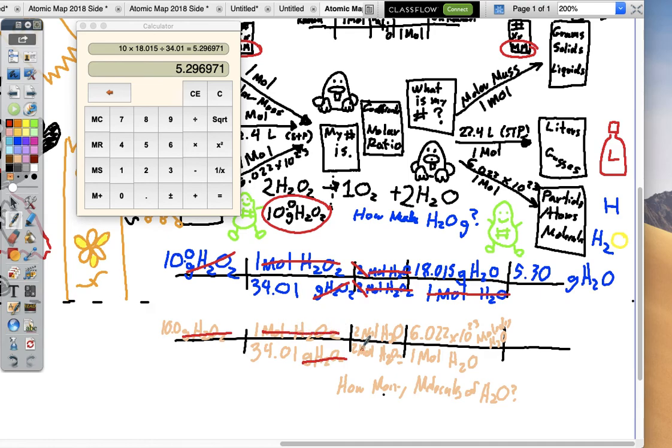We got moles H2O2. We got moles H2O. We got moles H2O. Okay? And then we got the 2 and the 2, so I already slashed those. So what we're left with will tell us our answer, which will be in molecules of H2O, which is awesome. Now we just math it.